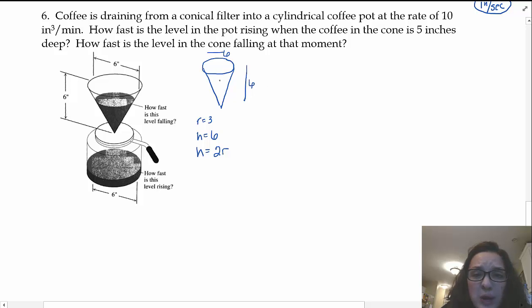And let's see, it's draining into the pot at 10 cubic inches per minute. So water is coming out at 10 cubic inches per minute. How fast is the level in the pot rising when the coffee in the cone is 5 inches deep? So this is going to be 5. Okay, so what can I do with this?